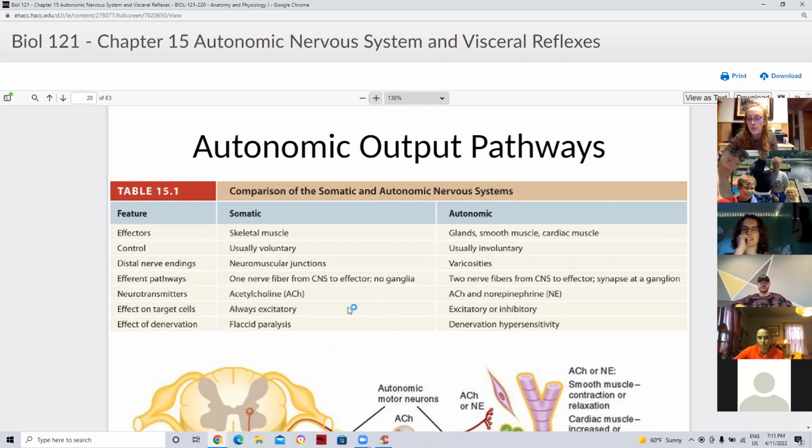Somatic motor neurons are always excitatory. Autonomic are excitatory or inhibitory. In the somatic nervous system, damage causes flaccid paralysis. In contrast, in the autonomic nervous system, it causes hypersensitivity.